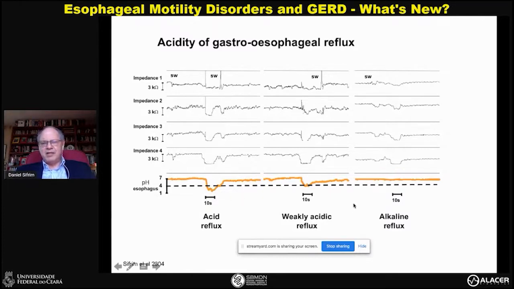In contrast, if you have again a liquid reflux episode, but in this case the pH does not cross the threshold of 4, we are talking about a weakly acidic reflux. And if there is no pH drop at all, we are talking about alkaline reflux or weakly alkaline reflux. The combination of these two types makes what we call now non-acid reflux.